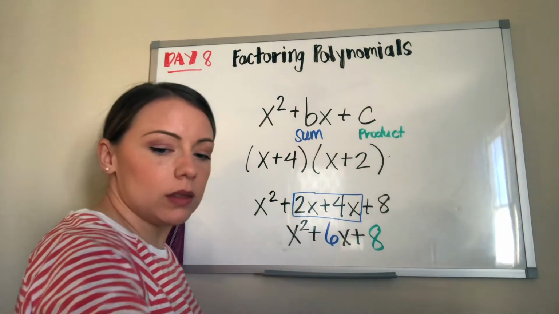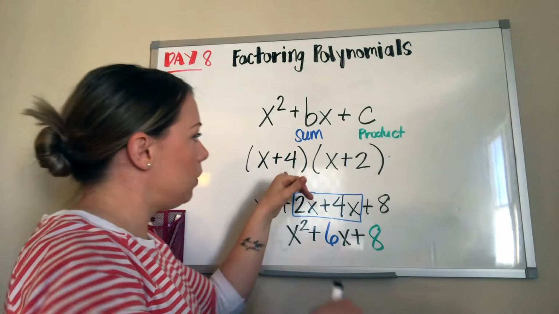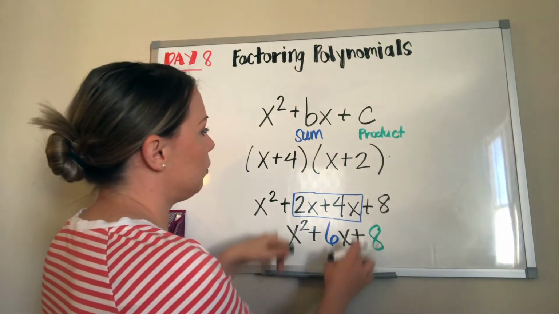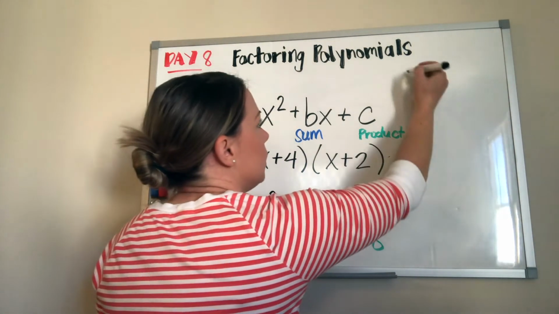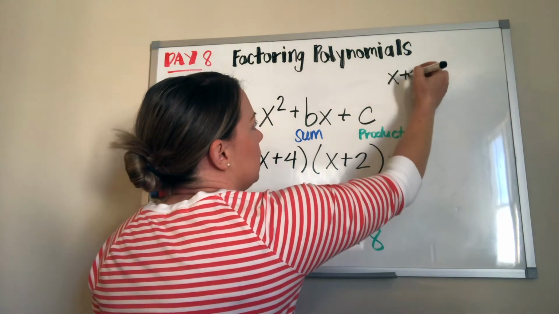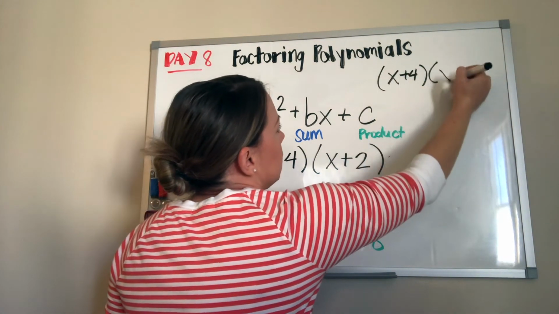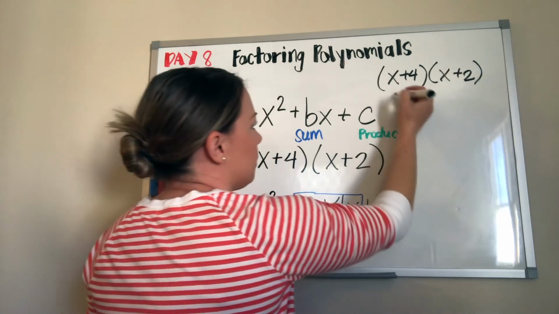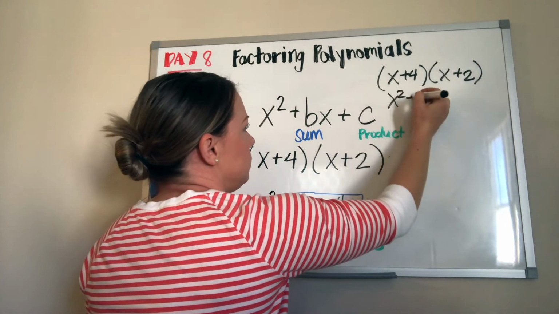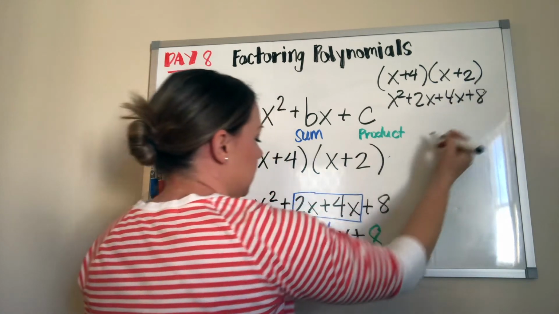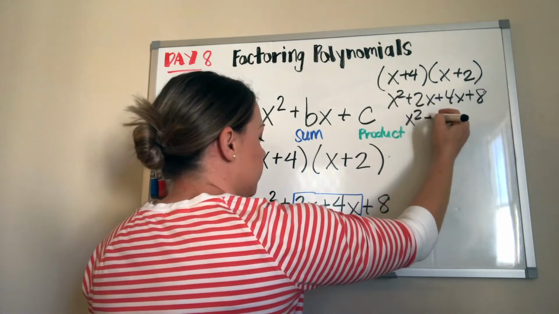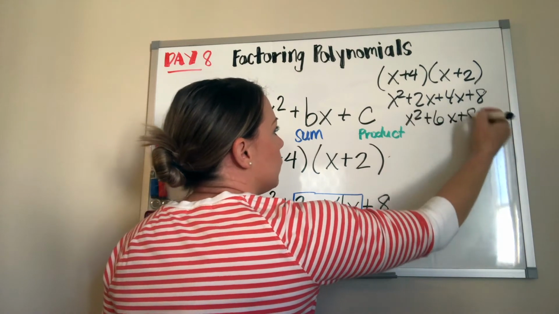We already know that the answer to this polynomial is x plus 4 times x plus 2. So let me write this up here in the corner, kind of like a placeholder, that way I don't forget what we were working with.